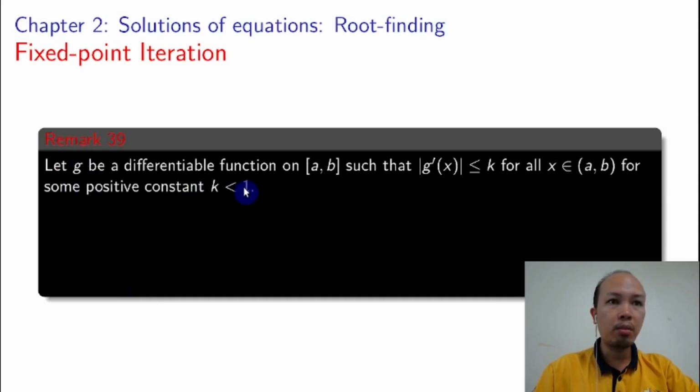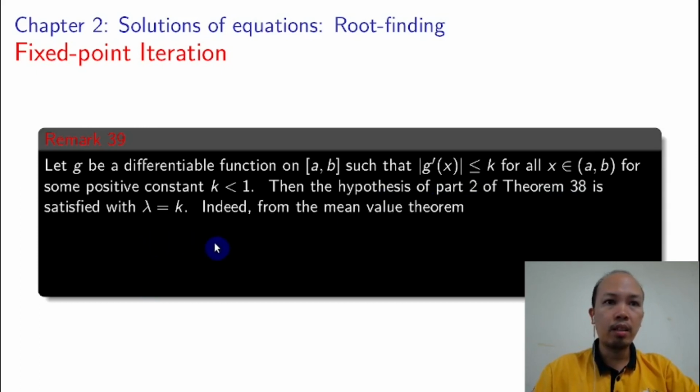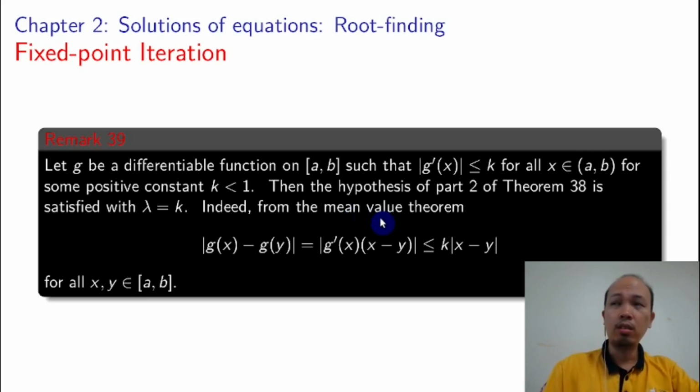Let g be a differentiable function on the closed interval [a, b] such that the absolute value of the first derivative of g is less than or equal to k for all x on the open interval (a, b) for some positive constant k less than 1. Then the hypothesis of part 2 of Theorem 38 is satisfied with lambda equal to k. So this means that by the mean value theorem, this is Theorem 4 of chapter 1.